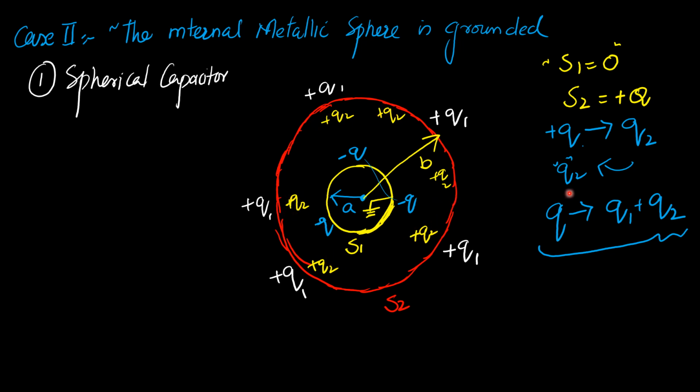So the charge stored on the surface of S2 is divided into Q1 plus Q2, because some of the Q charge causes induction inside the surface of S2. This positive charge at the interior of S2 will cause the induction of a negative charge on the grounded sphere S1.